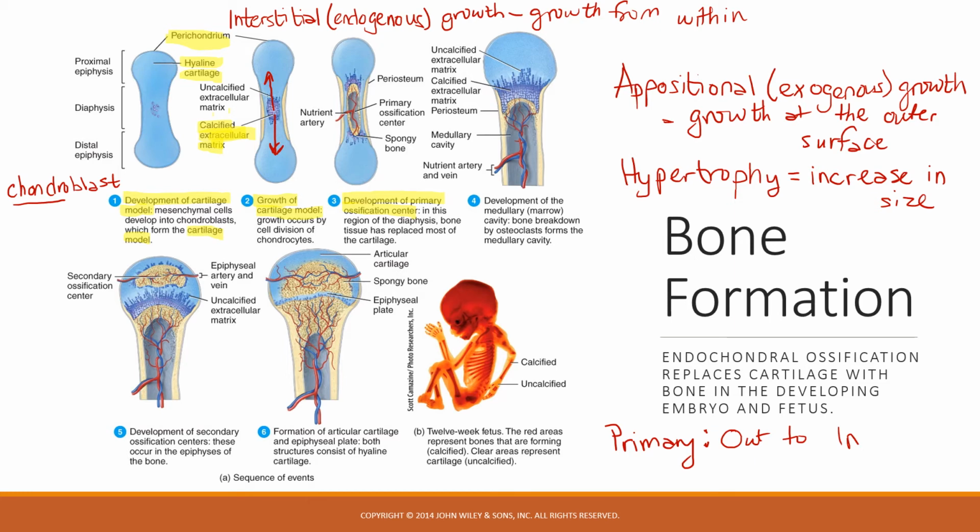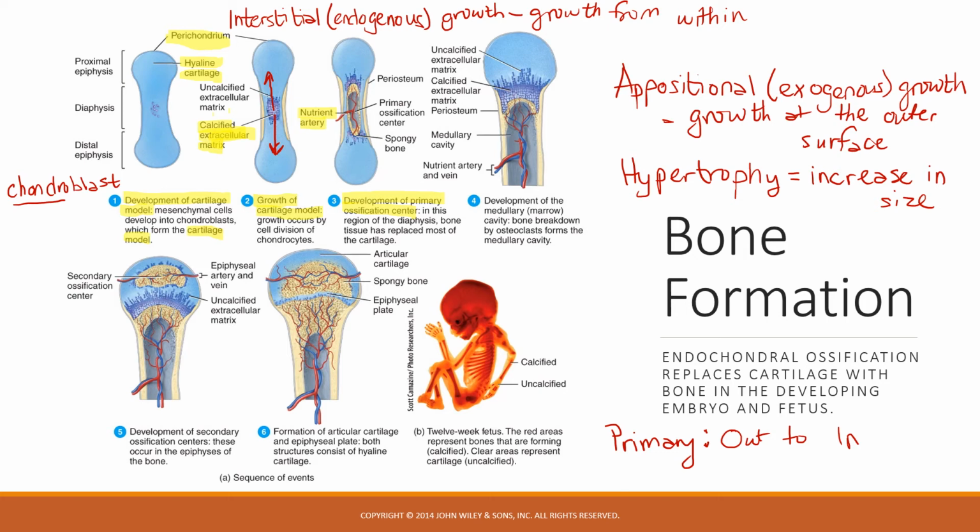A nutrient artery will penetrate the perichondrium. You can see that here. And the calcifying cartilage model, it comes through a nutrient foramen in the mid-region of the cartilage model.